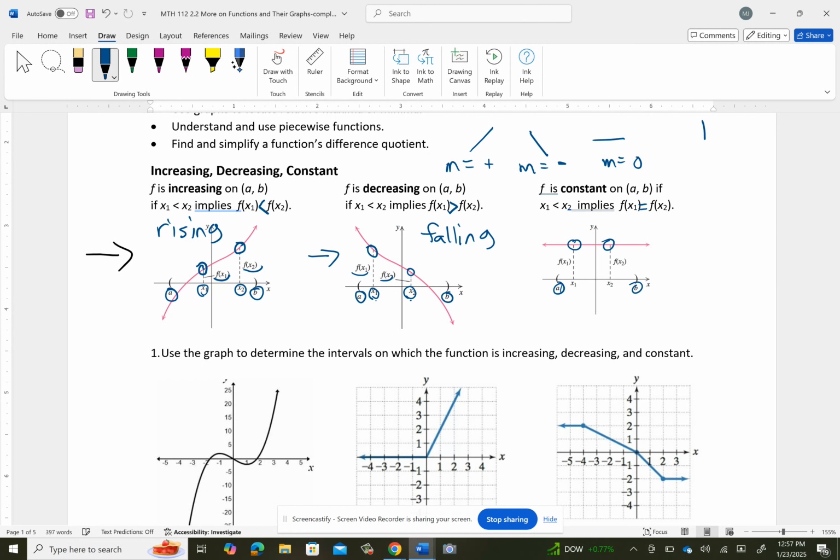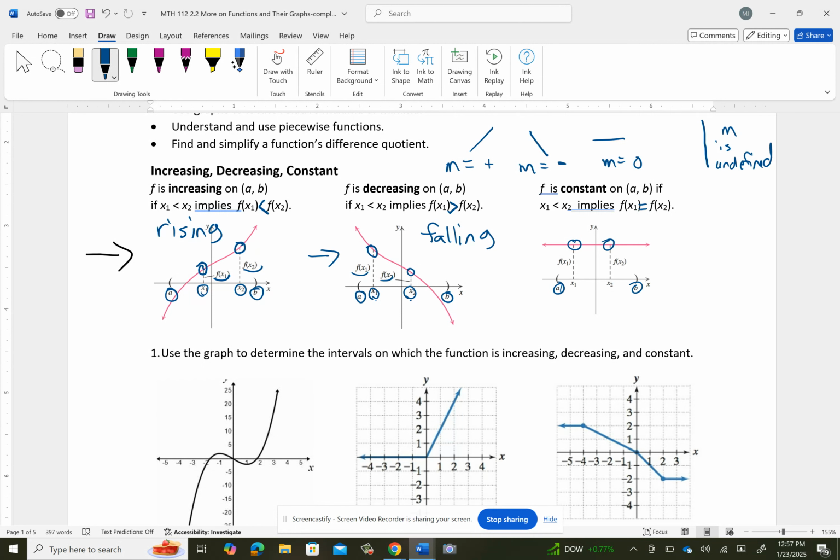There was one more case with lines, a vertical line, where the slope is undefined. So rising, falling, constant is like having a positive slope, negative slope, or a slope equal to 0. The undefined case doesn't happen because we're talking about functions typically.